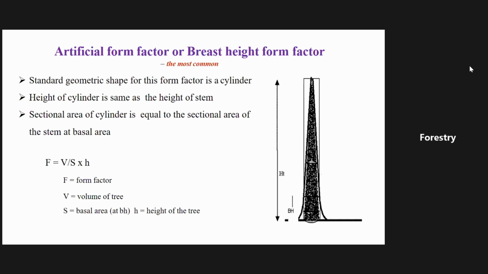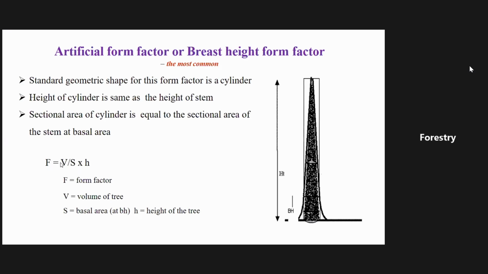So the cross sectional area of the cylinder is equal to the sectional area of the stem at basal area. This is the formula for calculating artificial form factor or breast height form factor.